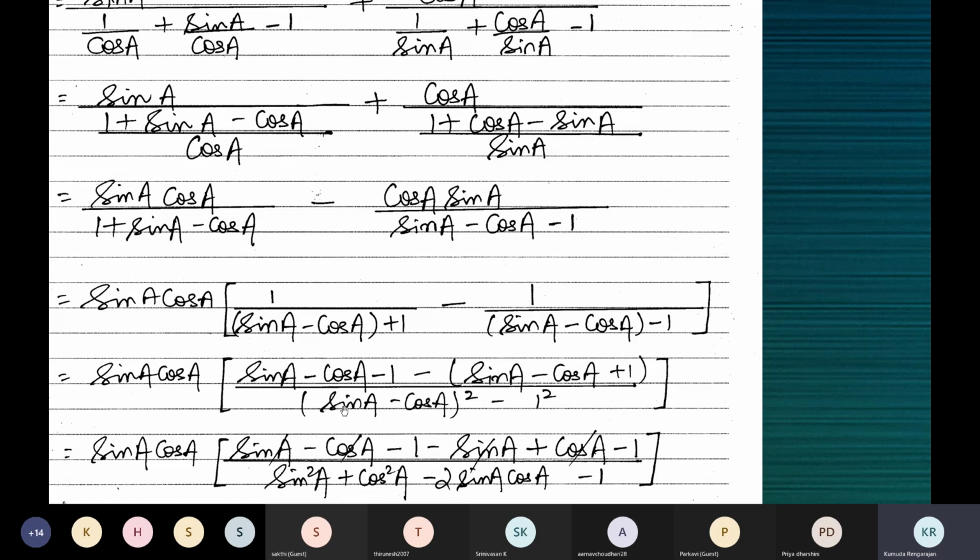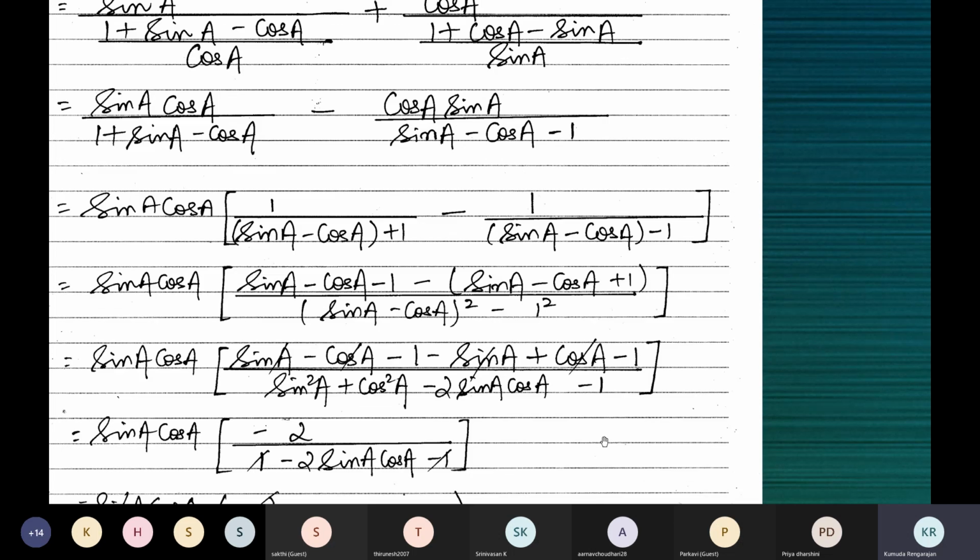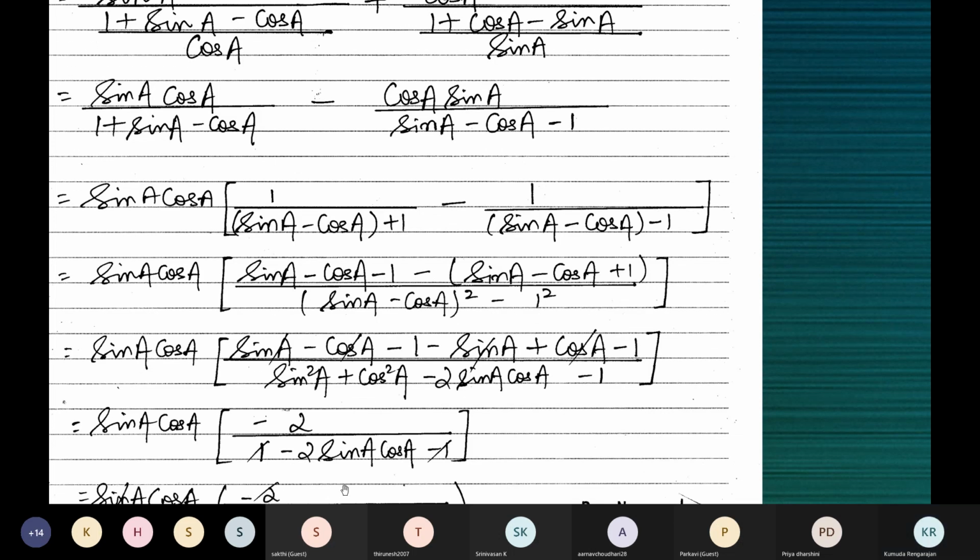Then minus 1. Sin square A plus cos square A is 1, and 1 minus 1 is 0. So you'll have minus 2 in the numerator and minus 2 sin A cos A in the denominator.